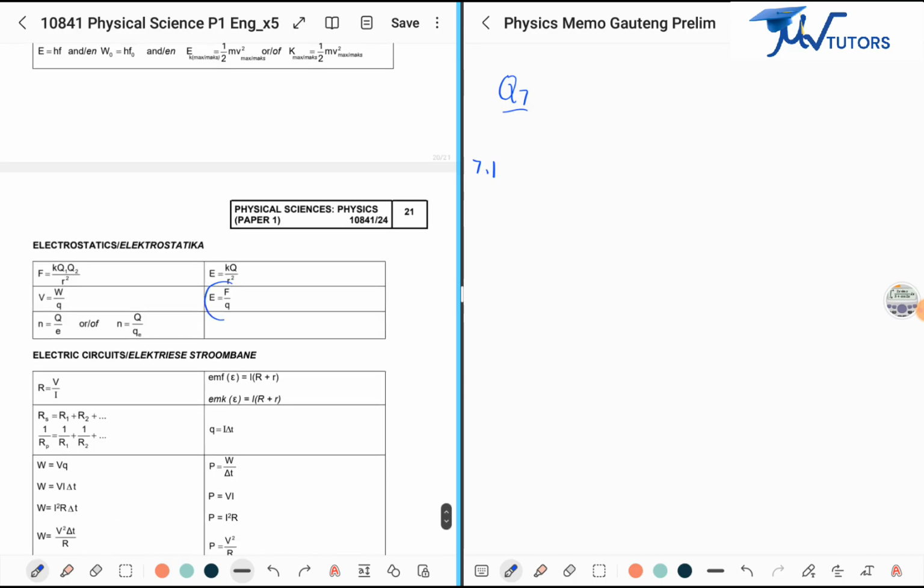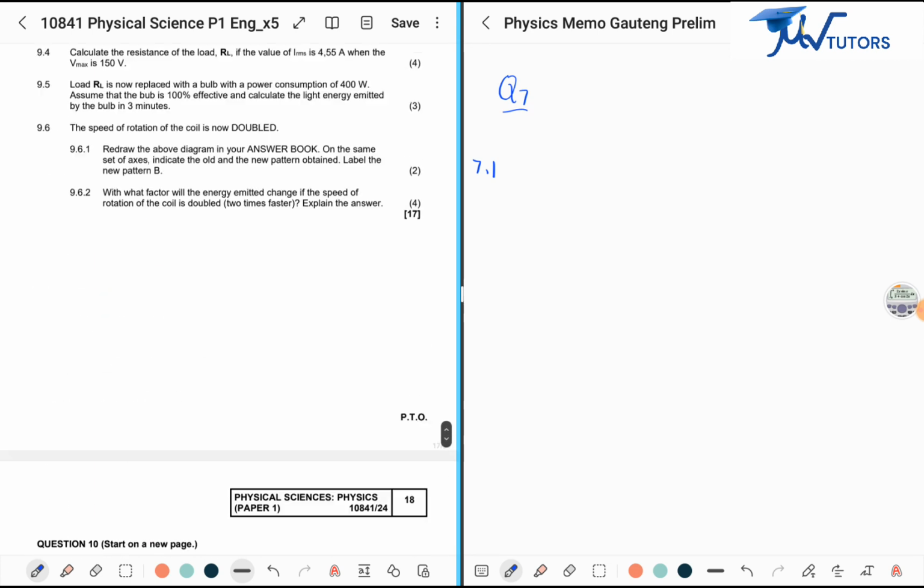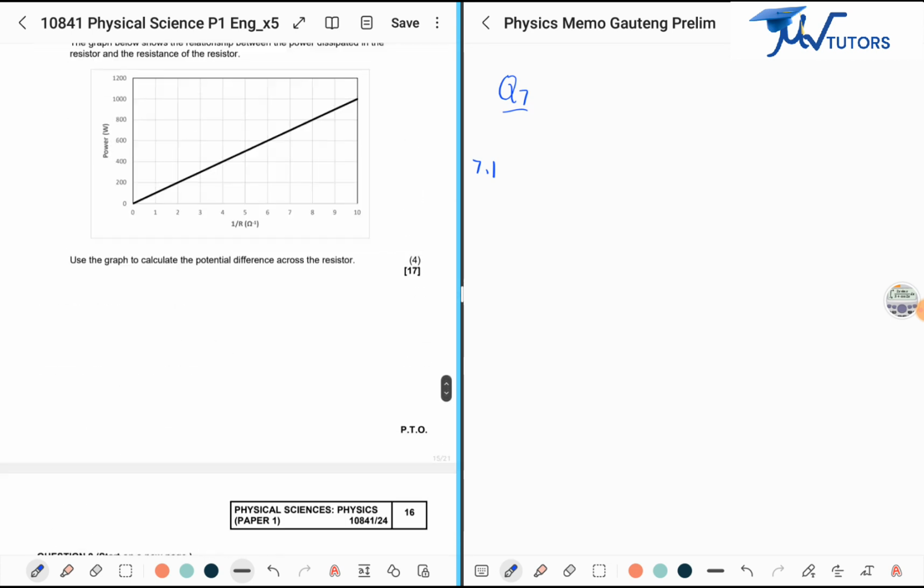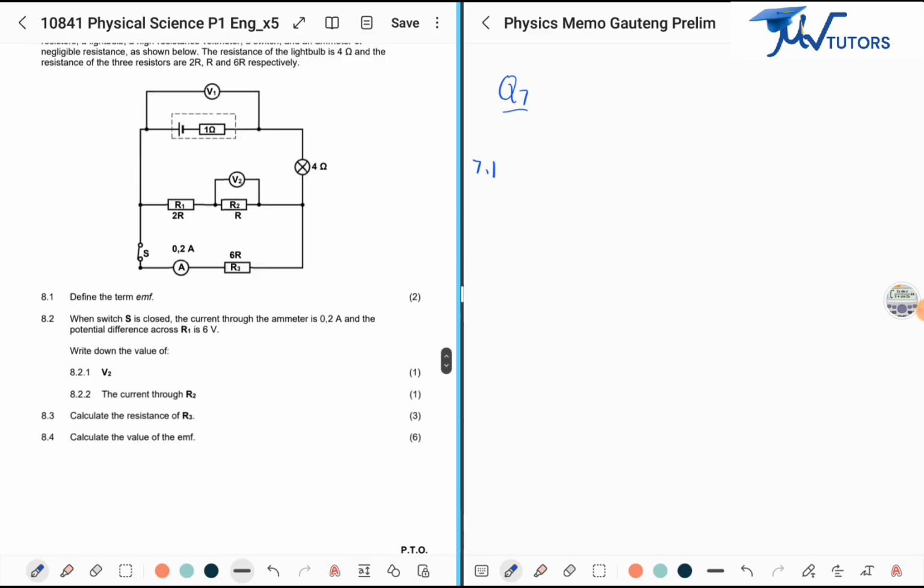So the electric field at a point is the electrostatic force experienced per unit positive charge placed at that point. Yeah. And then let's get to the question.